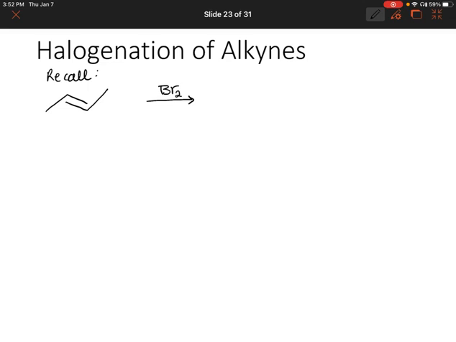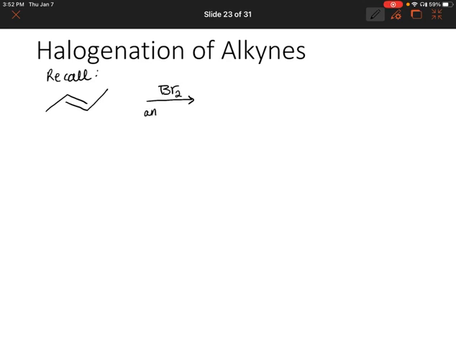Now, what would our product look like? Well, would the bromines add on the same side or opposite sides of the double bond? So would we have syn addition or anti-addition of the bromine atoms? Anti-addition.